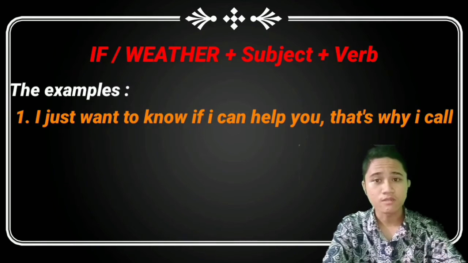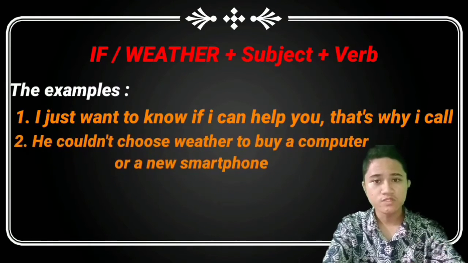That's why I call. If I can help you uses if. And the second example: He couldn't choose whether to buy a computer or a new smartphone. Whether to buy a computer or a new smartphone uses whether.